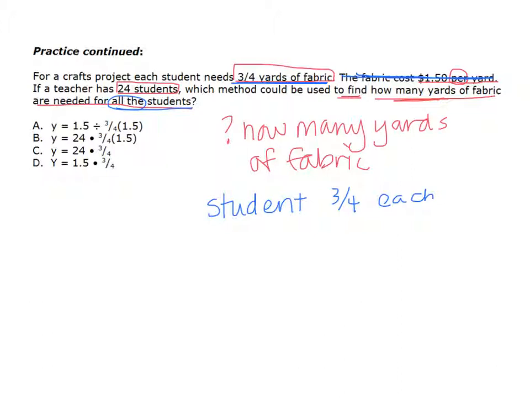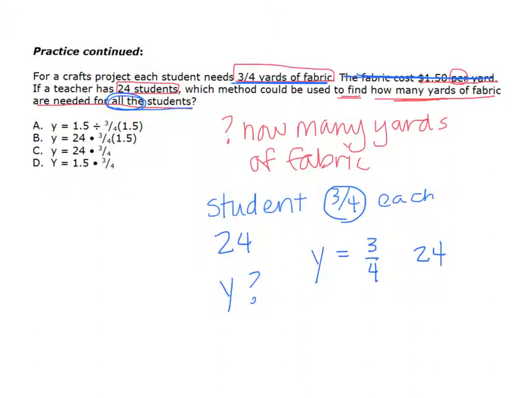If the teacher has 24 students and they each need 3/4 of a yard, how am I going to find out how much fabric is needed? So I'm going to stop and think. I know I need the total yards needed. I know that each student needs 3/4 of a yard, and I know that there's 24 students. So, what can I do? Each student needs that. Will I multiply or will I add? Because I'm not going to be subtracting.